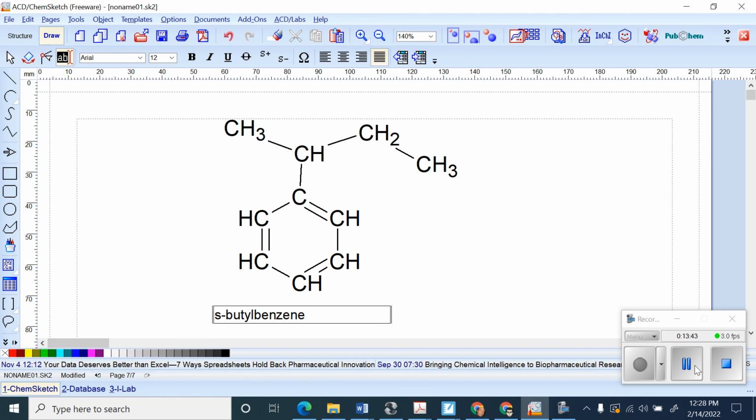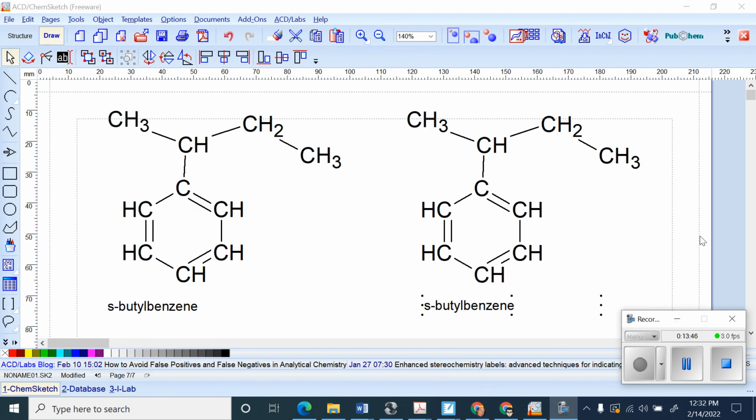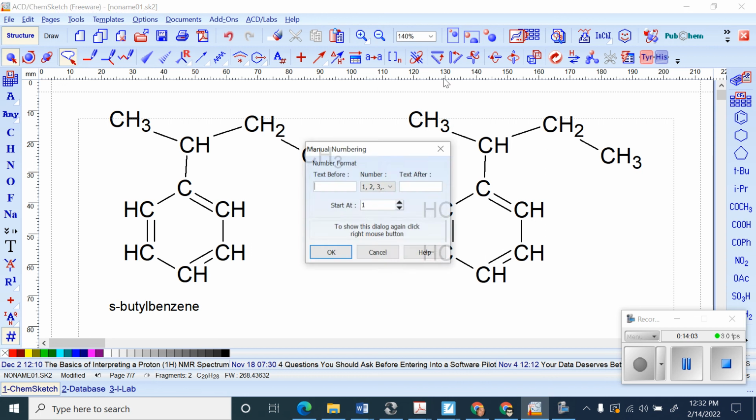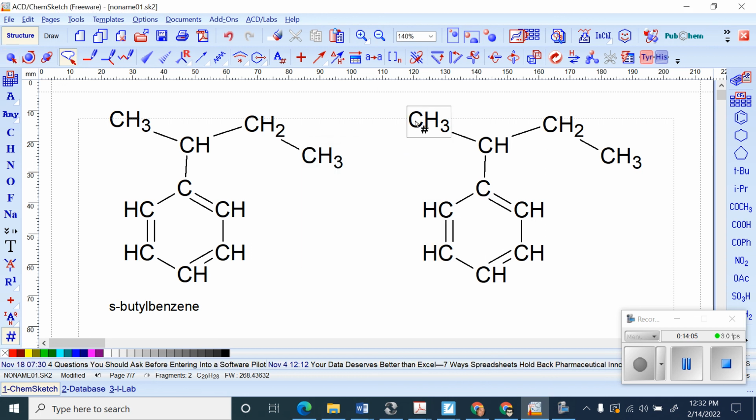Let's see. What do I mean by secondary? Okay, so alternatively, we can consider benzene as a functional group. 1, 2, 3, 4. So benzene as a group off the main chain of butane.